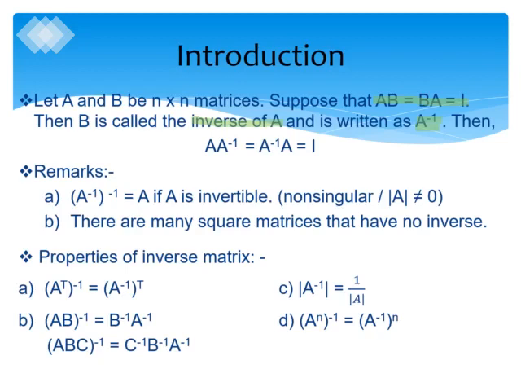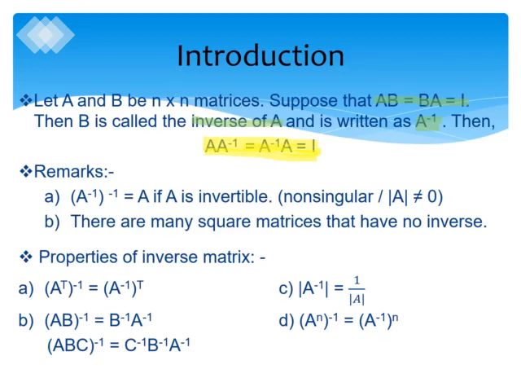So we write B as A inverse. Then we get A times A inverse equals A inverse times A equals the identity.